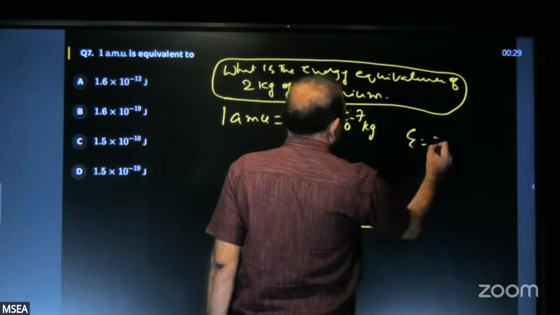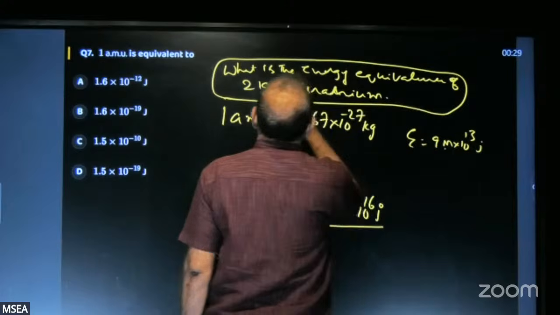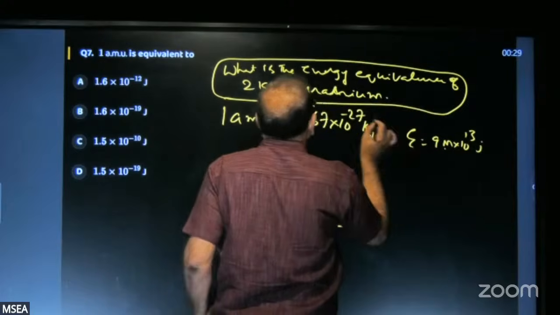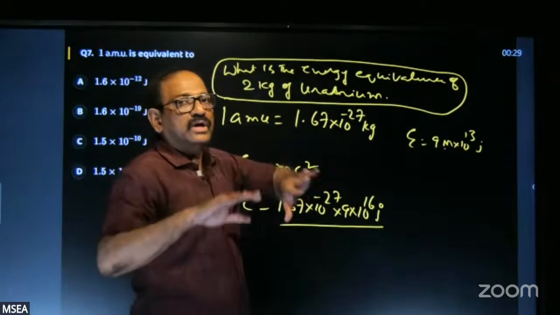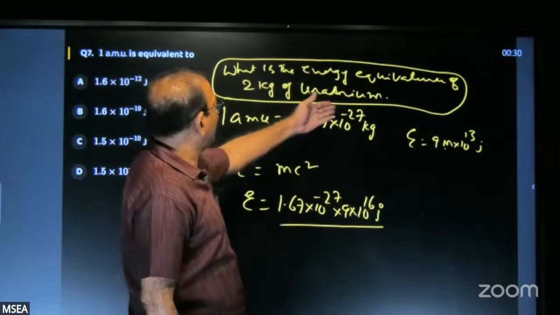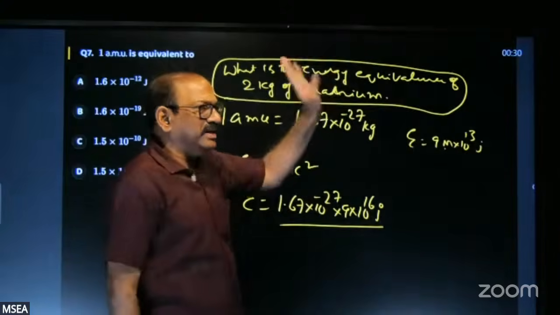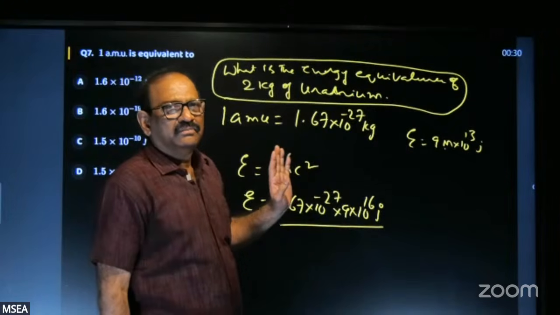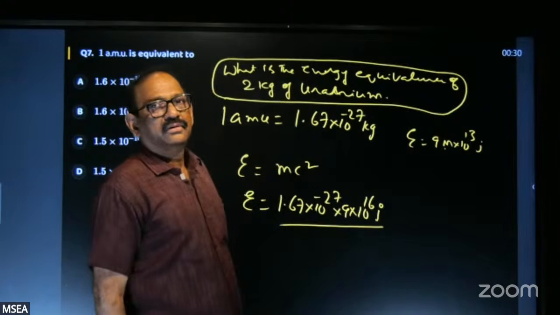Then you will apply this: 9m into 10 power 13 joule, m is 2 kg, you will substitute. That is energy released if 2 kg of uranium undergoes fission. But this is not fission. What is the energy equivalence of 2 kg of uranium? What is the energy equivalence of 2 kg of anything? To mislead you, they use the word uranium.